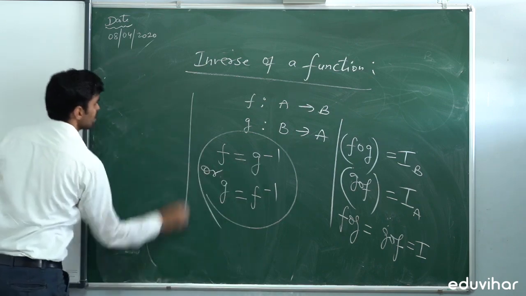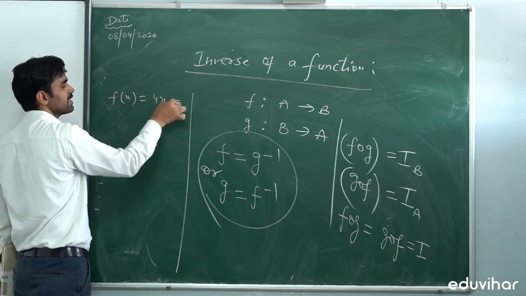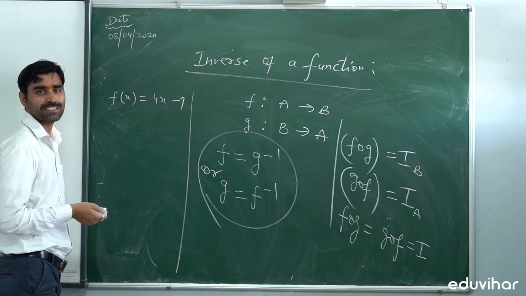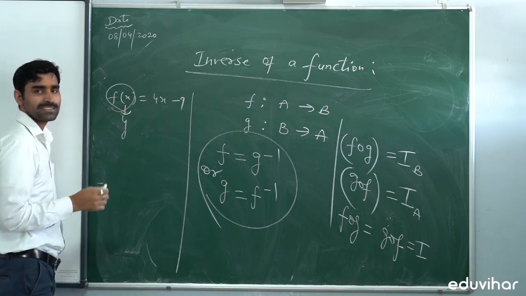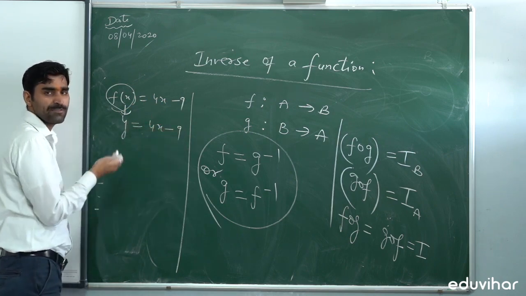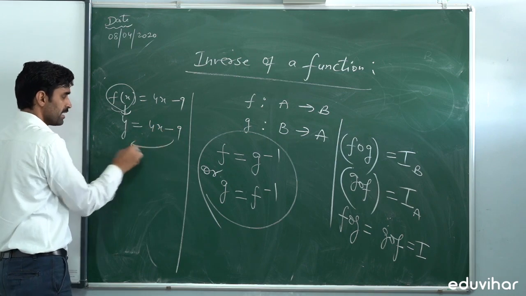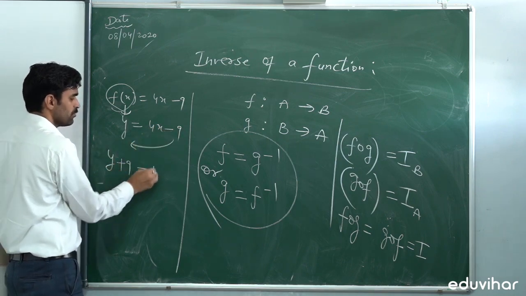For the inverse to exist, consider the function f(x) equal to 4x minus 9. We have to find its inverse. Consider f(x) equal to y. So y equal to 4x minus 9. Find the value of x in terms of y. Here, transposing minus 9, y plus 9 equal to 4x.